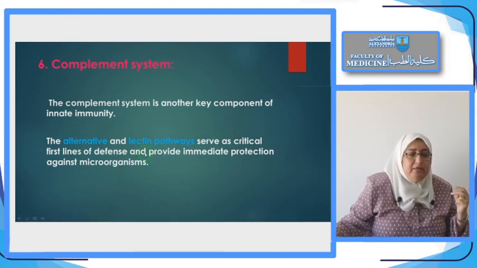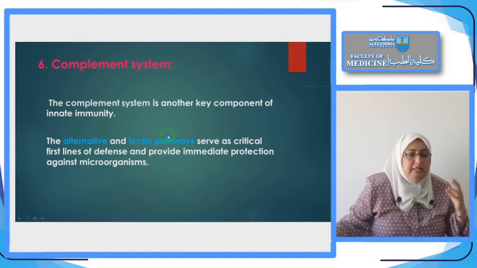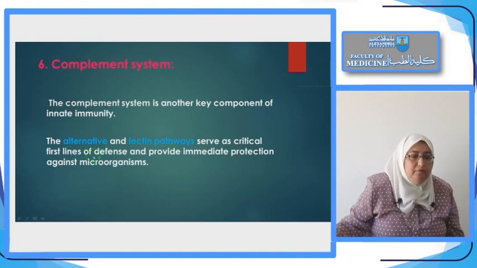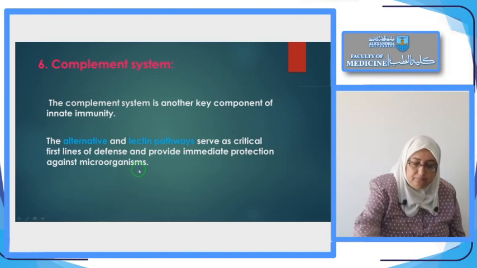The lectin comes in contact with microbial mannan and starts with C4. In the alternative pathway factor B, D, and properdin work, while in the lectin pathway C4 and C2 work instead. Both these pathways play a role as the first line of defense before antibody formation and provide immediate protection against microorganisms.